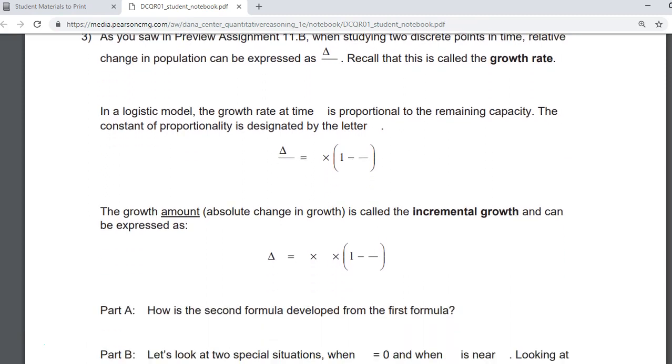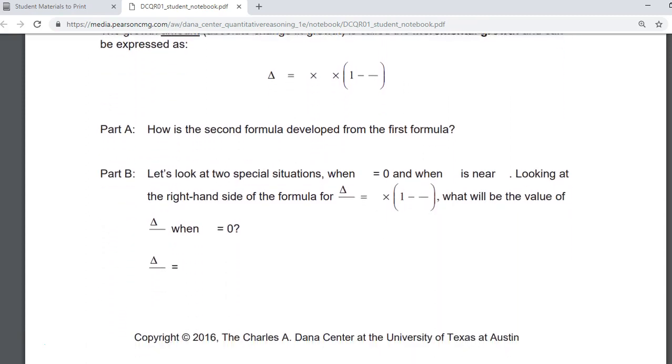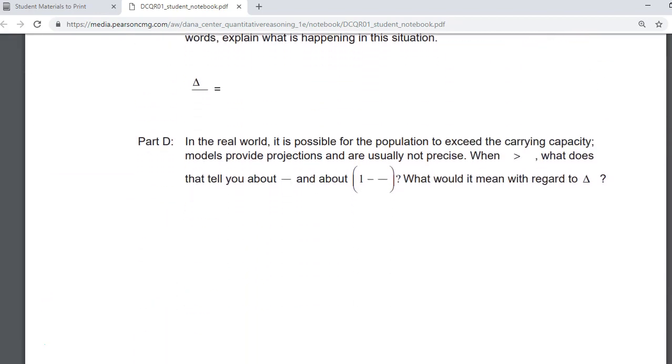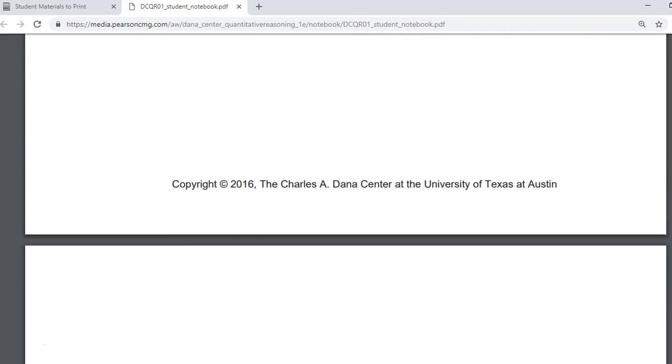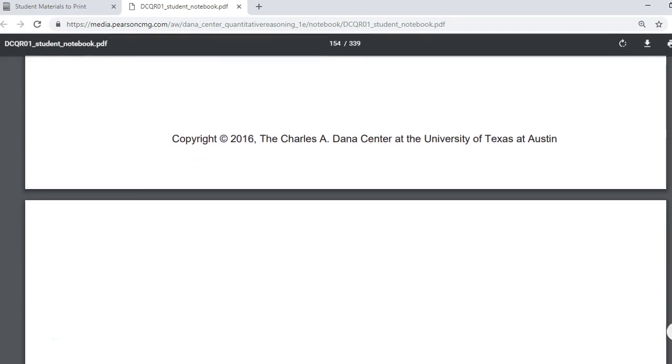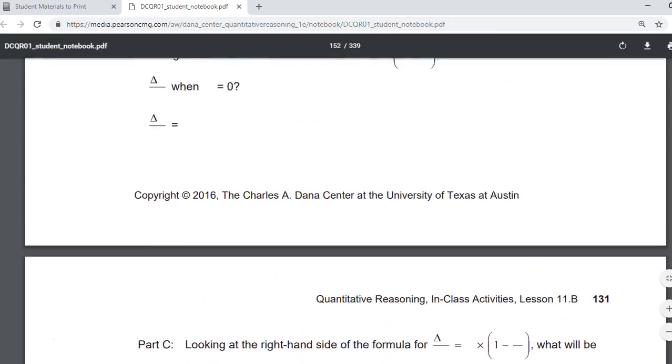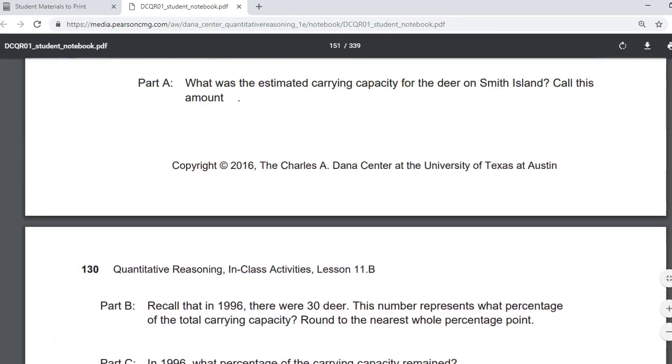And all of my stuff is not here, but what I want you to focus in on, and we're done with that lesson. Go back to the objectives.